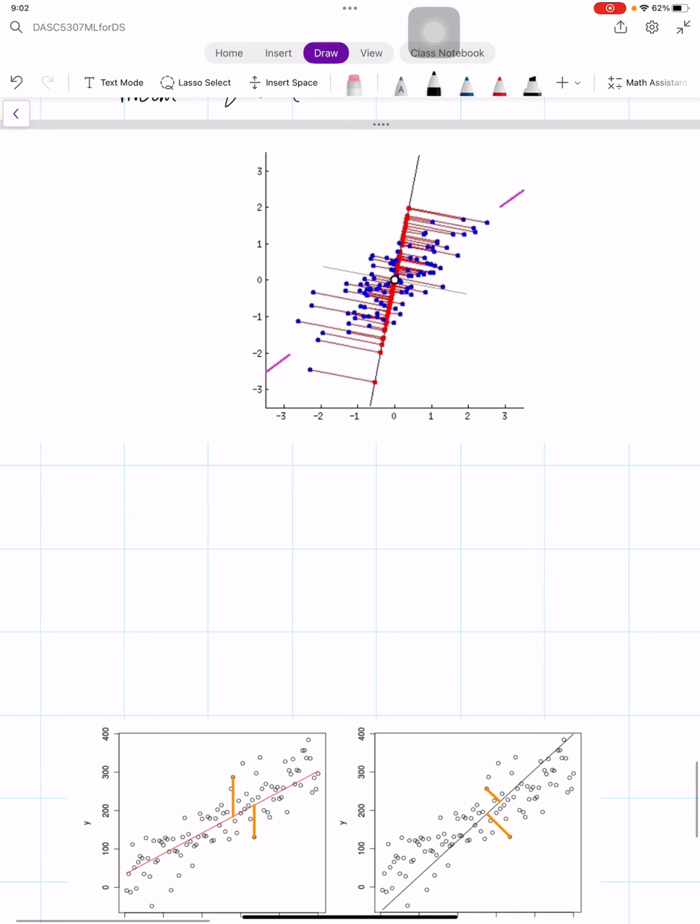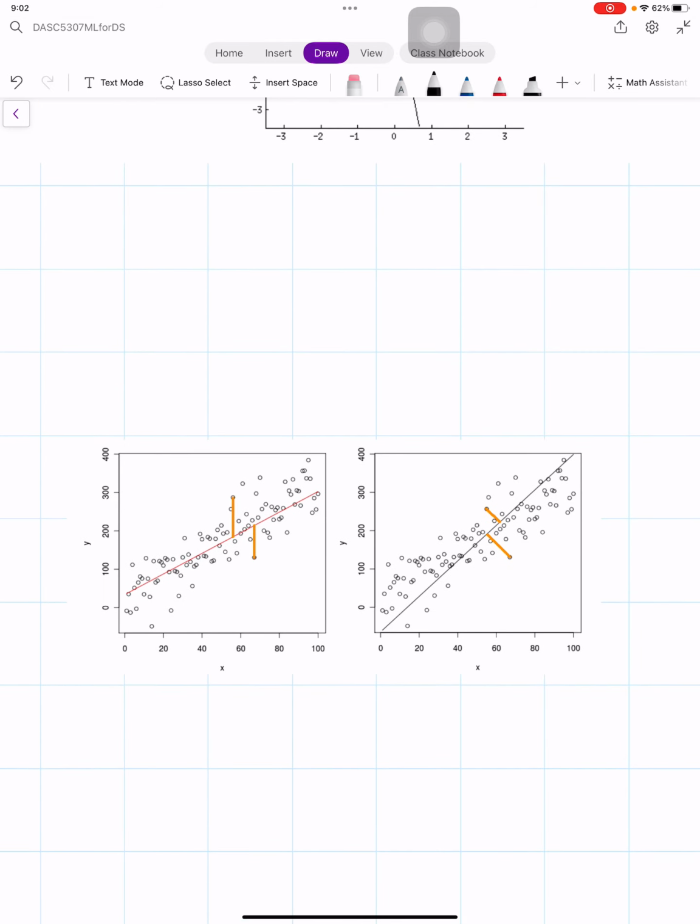It's very similar to the least squares linear regression line, but there is one important difference. In linear regression, we minimize the distance between the predicted value and the true value y.